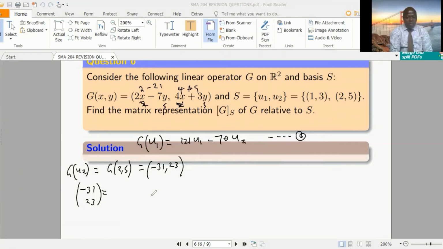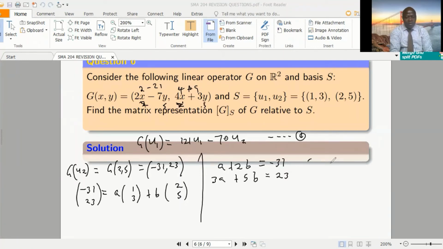That means find scalars A and B such that this will equal R multiplied by 1, 3 plus B multiplied by 2, 5. So this is the same as R plus 2B is negative 31, and 3R plus 5B equals 23.